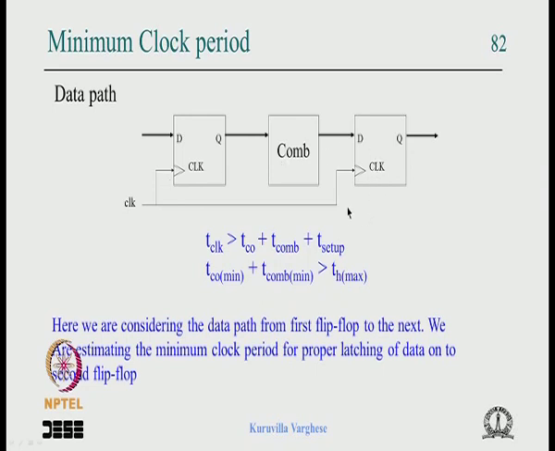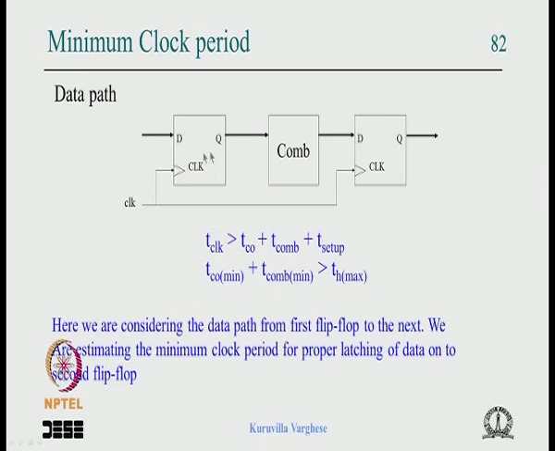We also know that when a clock edge comes, the input has to remain there after the clock edge. So we should make sure that when a clock comes here, both at the same time, the input changes after TCO plus TCOM, and that should be greater than the hold time, because that is with respect to the same edge, and there is a hold time after the clock edge.